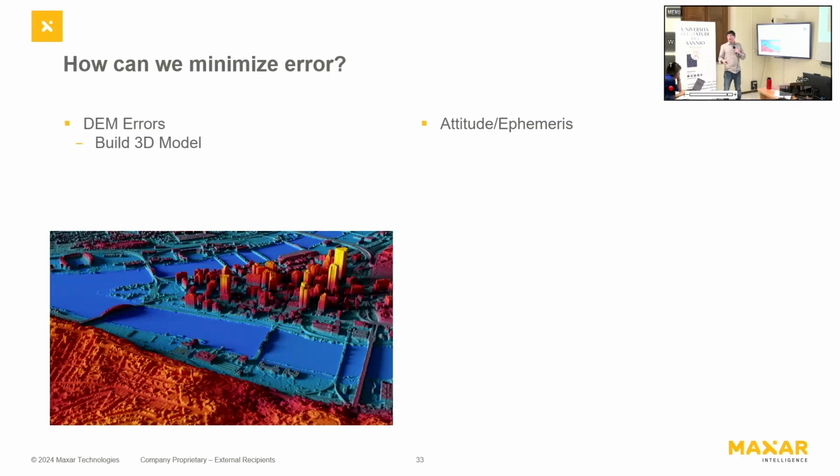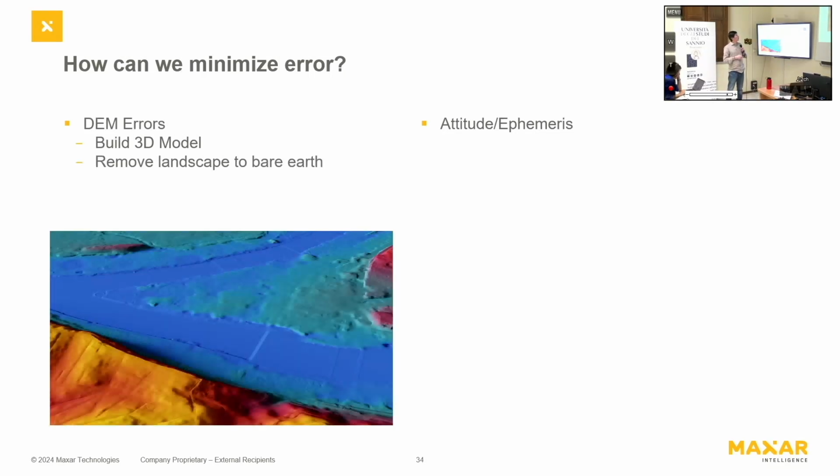Ideally, satellite operators can also use their own images, and that's also what we do, for example. We build a 3D model of Earth, and we remove all the landscape, and we just leave a bare Earth. That is a more accurate DEM than what we can get with the SRTM. You can get about 0.5 meter posting, so every half a meter you get 1 pixel.